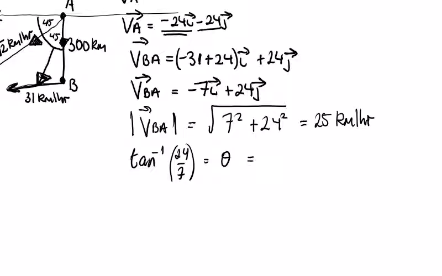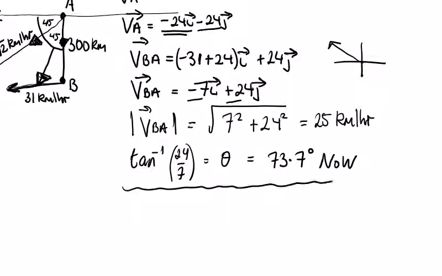And the inverse tan of 24 over 7 is 73.7 degrees. Now let's have a look at what direction it's in. We have a minus plus, and minus plus is this way, so it's north of west.